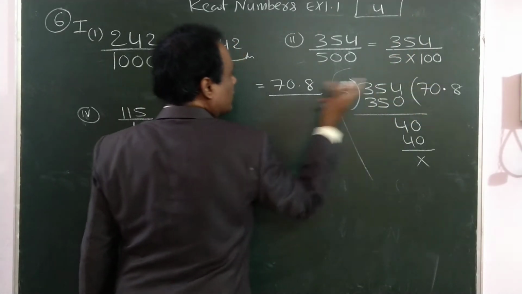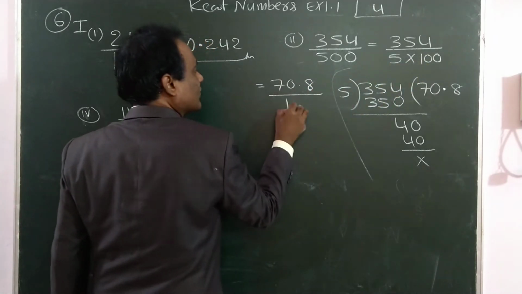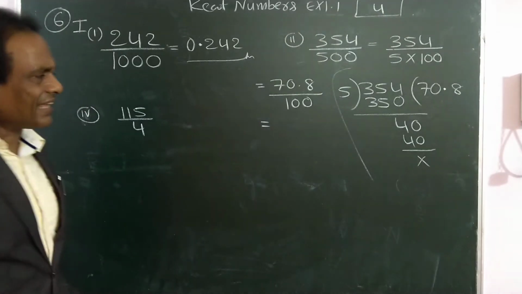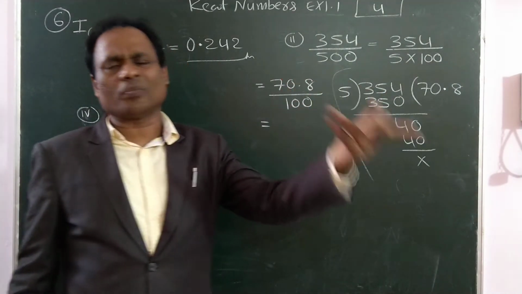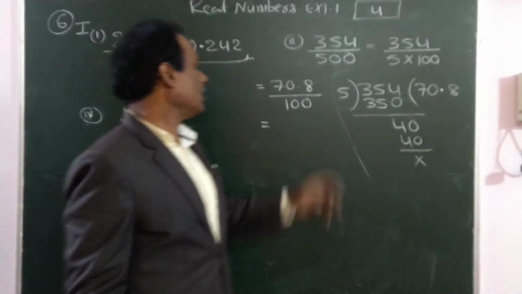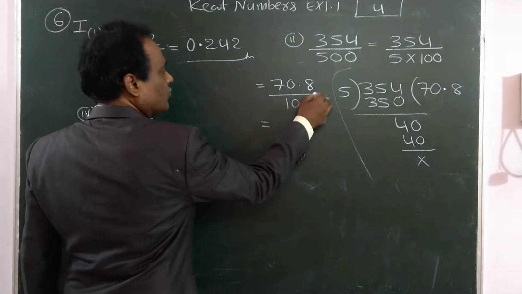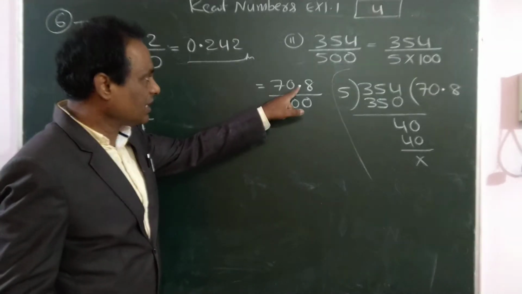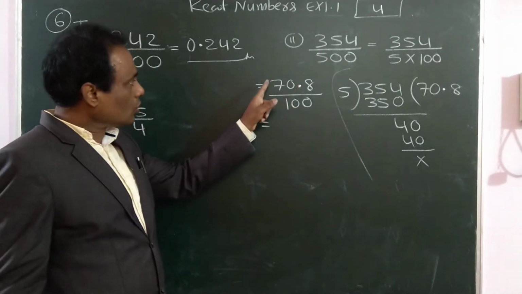We got the answer 70.8, but 100 is also there. Directly, if you divide by 500, that also you can, no problem. To remove these two zeros, we have to keep the decimal before 2 digits. Already a decimal is there, so change it by 2 more places.